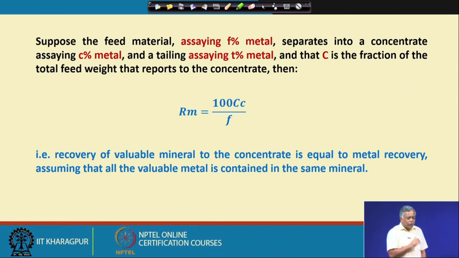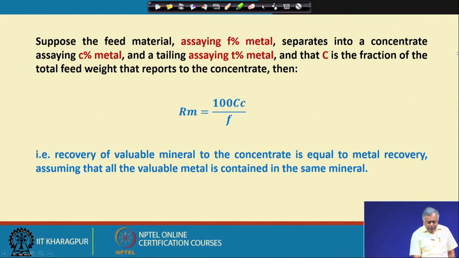Now, suppose I have got a material where I have got an iron content of F%, but that iron may be coming from Fe2O3, Fe3O4, maybe some pyritic form, so different sources.